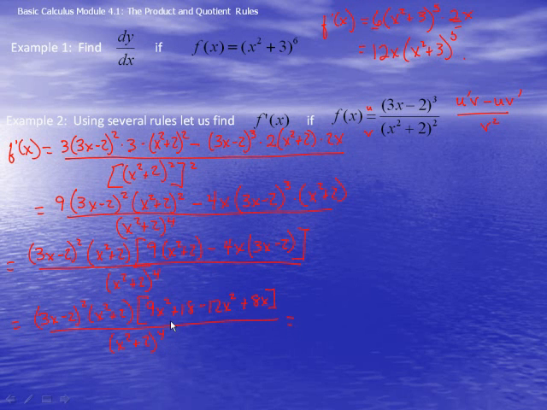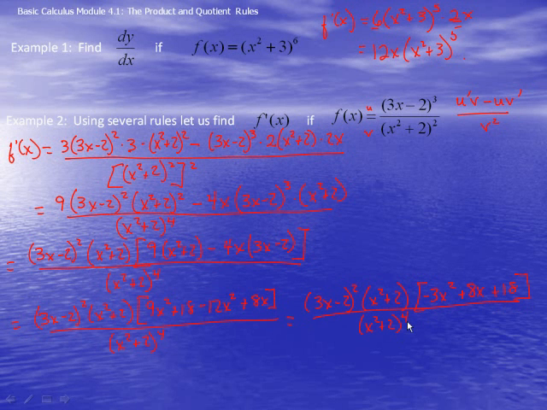And then we can combine our like terms, so that's going to give us 3x minus 2 squared times x squared plus 2 times, and we're going to put the x squareds together, so that'll give you minus 3x squared, and then we have plus 8x, and then we have plus the 18 all over x squared plus 2 to the fourth power.